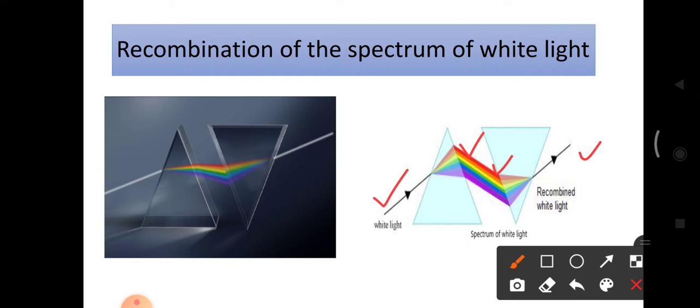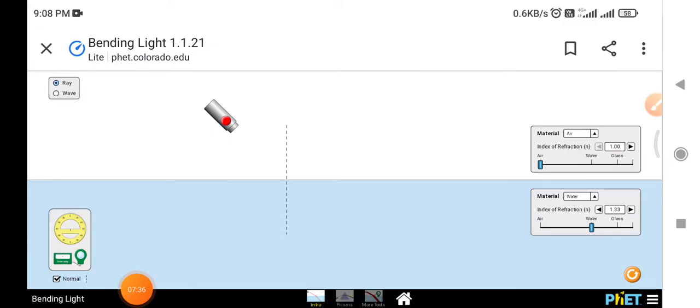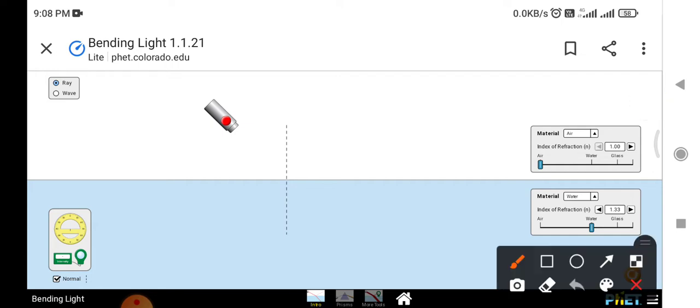So now I am going to do the live experiment about these topics. This is a live experiment I am going to do for refraction. See here, they have given the material, and here also the material. They have given the index of refraction, that means the refractive index.